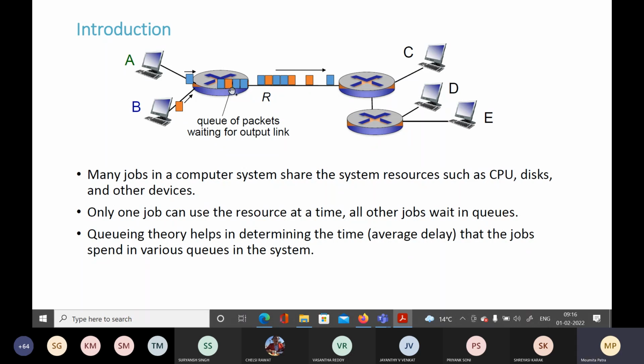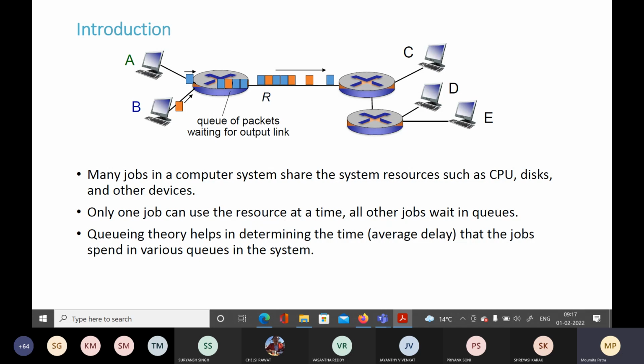So if we use queuing analysis, we will be able to find out the average time that a packet would have to wait at the router, and how many packets on average will wait at the router, meaning the router's buffer or queue. For doing such analysis, we can use queuing theory.